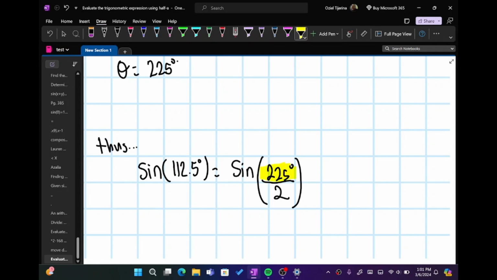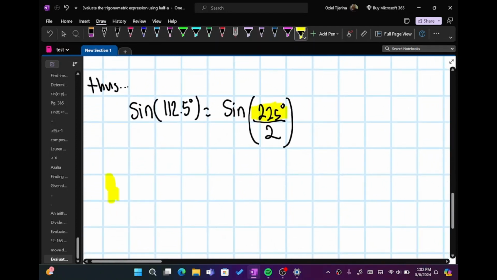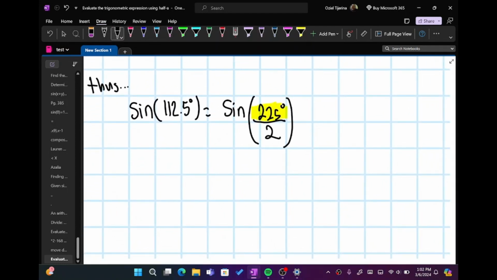So we know that 225 times pi over 180 is equal to 5 pi over 4, right?